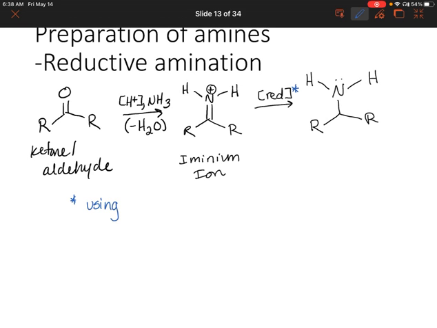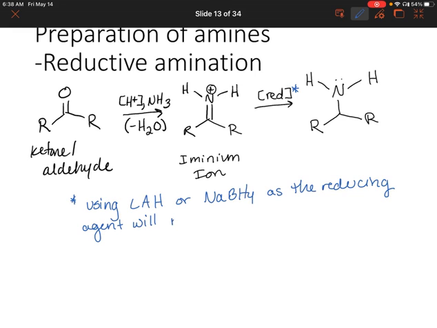So using lithium aluminum hydride or sodium borohydride as the reducing agent will reduce the ketone or aldehyde. But we want to reduce the iminium ion, not the ketone or aldehyde.